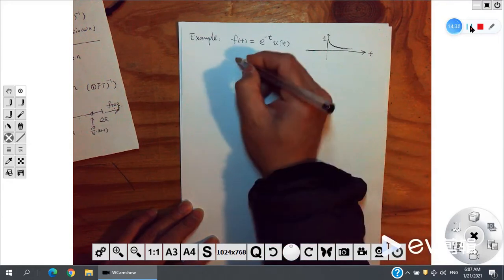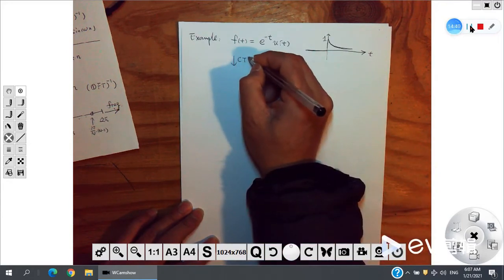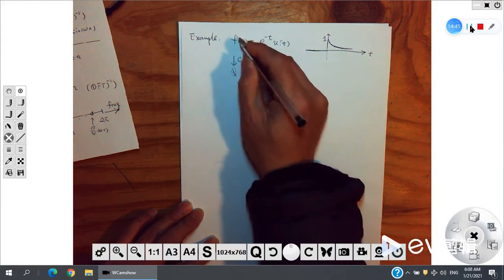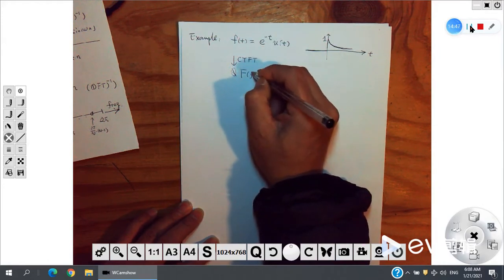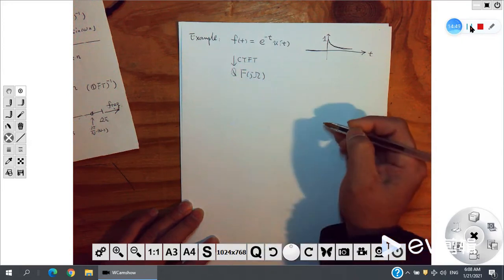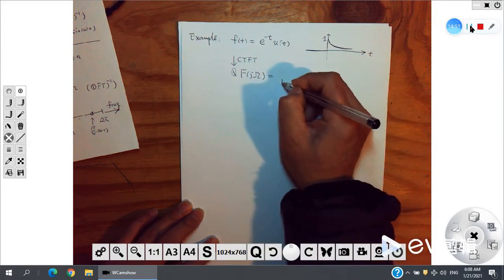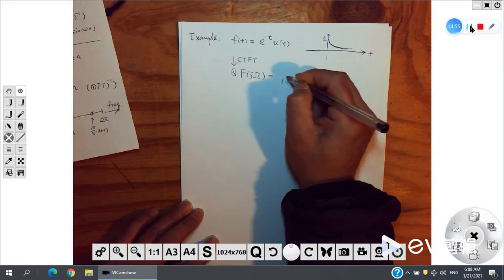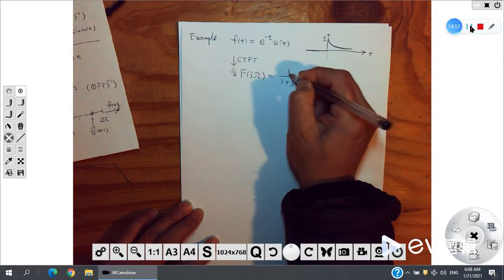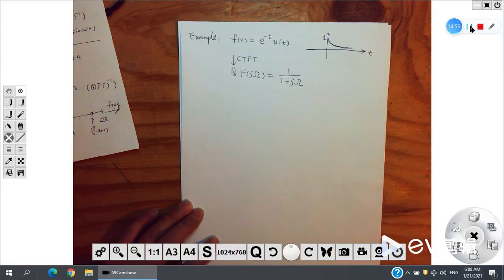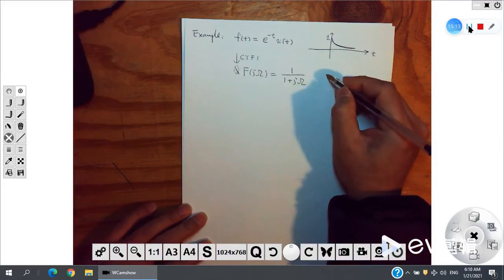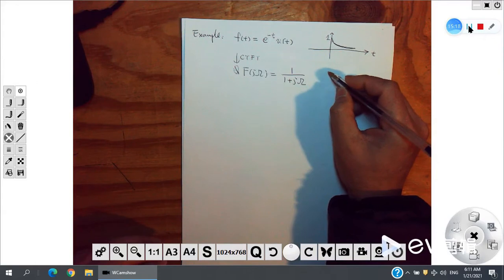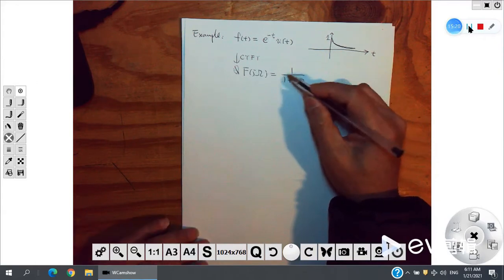Then by CTFT we can have capital F of j omega. Actually this is 1 over 1 plus j capital omega. Am I good? Search online, you can find tables of Fourier transforms. Any tables you can find this.